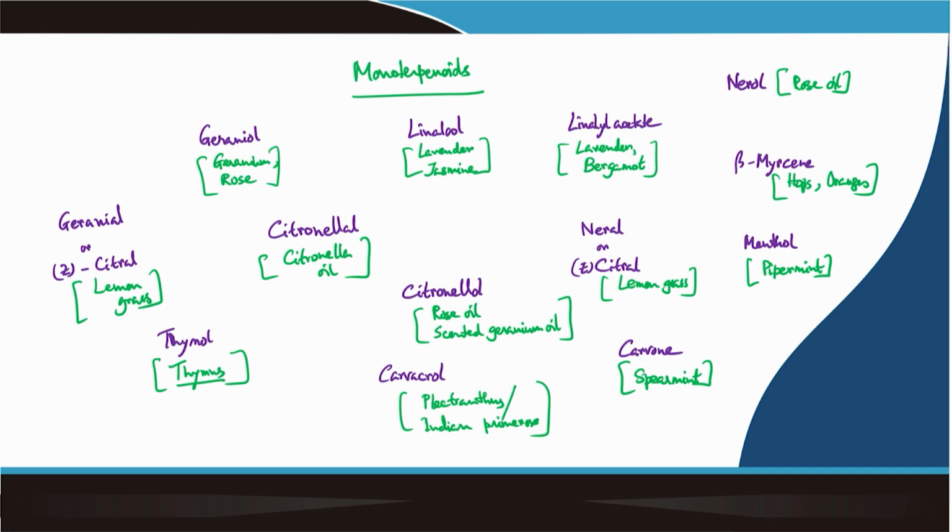Okay. This is in brief the different monoterpenoids and the plant species where they occur.